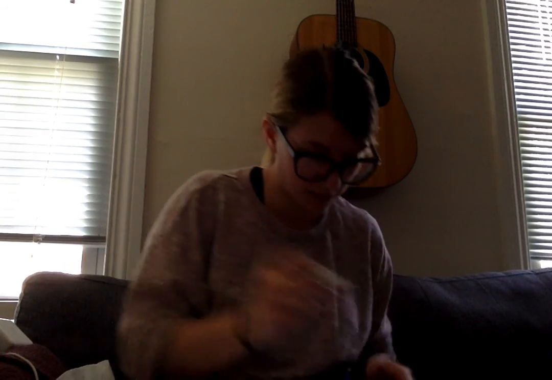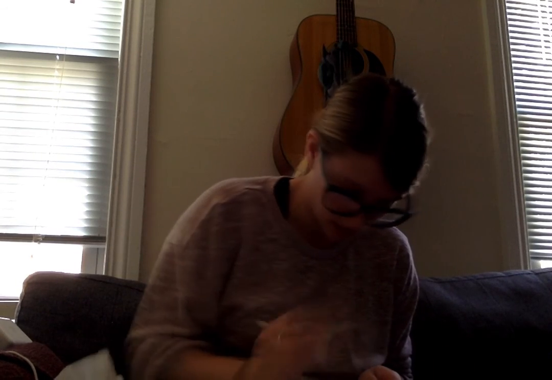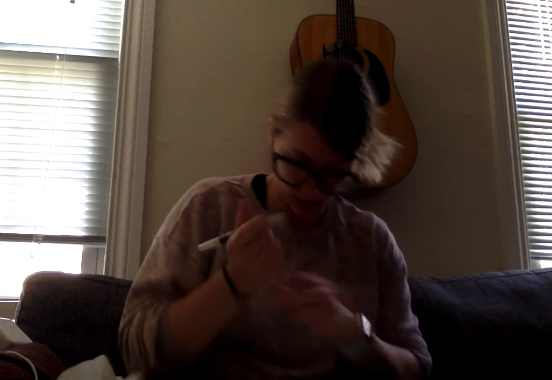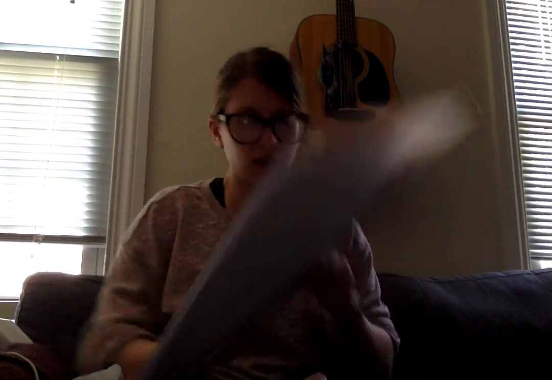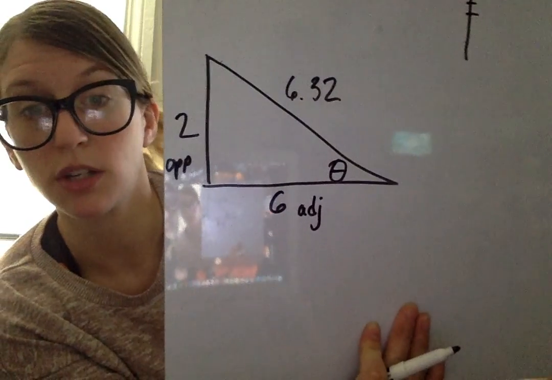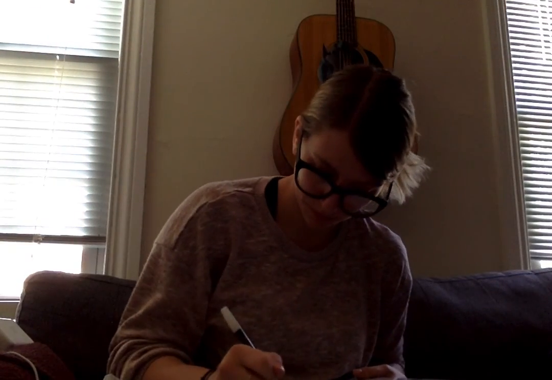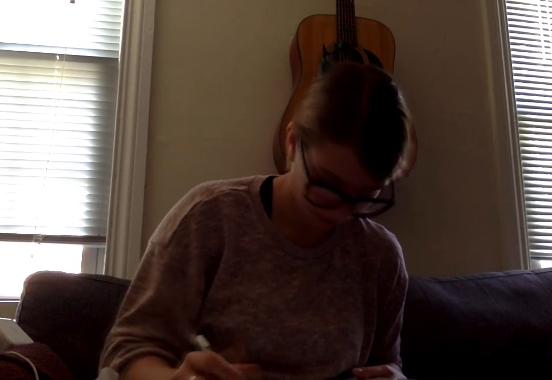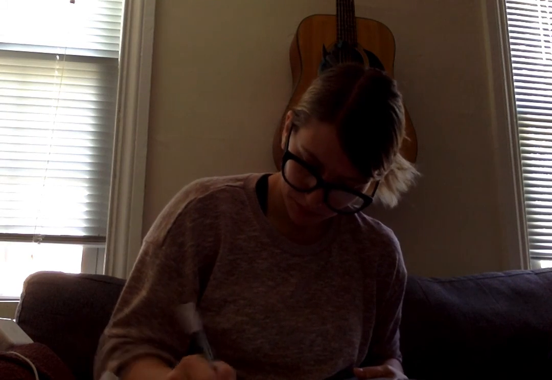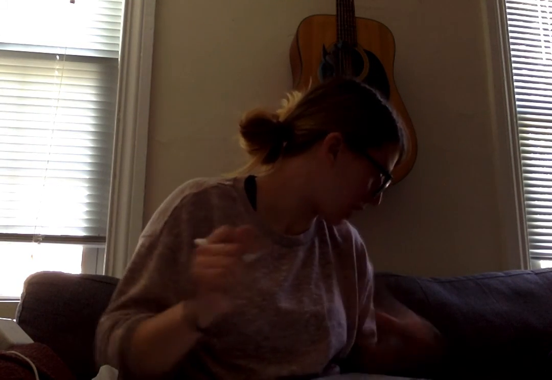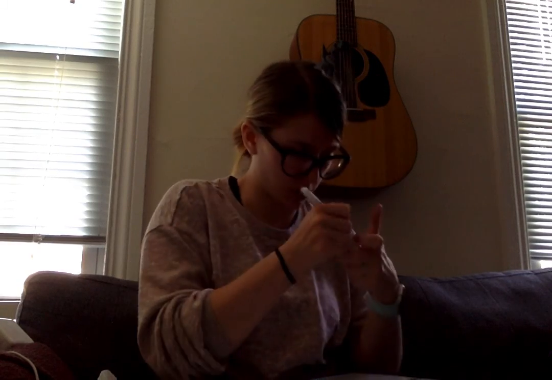Identify your sides. 2 is opposite, 6 is adjacent. So I'm going to do inverse tangent of opposite over adjacent. Type it in my calculator. I get 18.43 degrees.